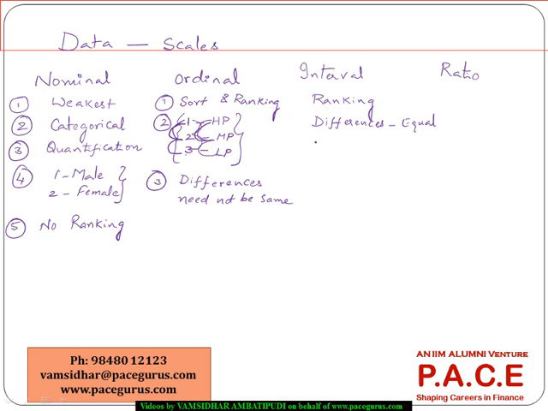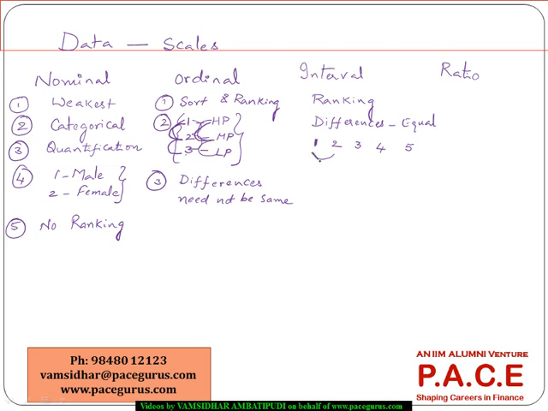Probably even in survey questions, if I am designing, 1 means highly satisfied, 2 means moderately satisfied, 3 means okay, 4 means dissatisfied, 5 means highly dissatisfied. I can directly say that it is ordinal data because it is doing some kind of a ranking from highly satisfied to highly dissatisfied.